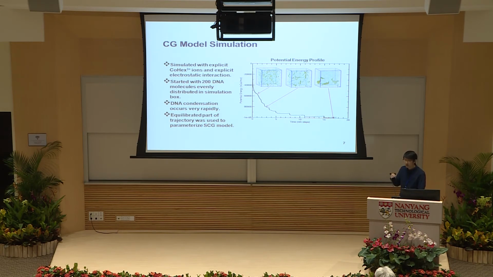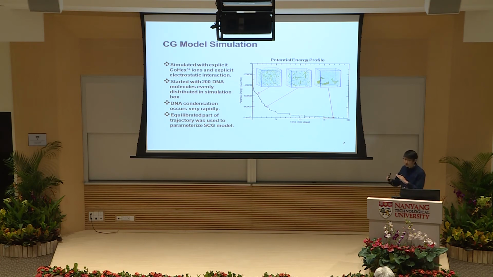So for the rest of my presentation, I will show basically 3 simulations. One based on the CG model, the other 2 based on the SCG model. In this first simulation, we put about 200 DNA molecules in a cubic box.